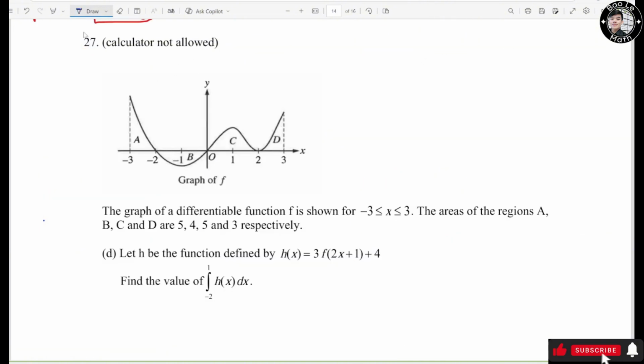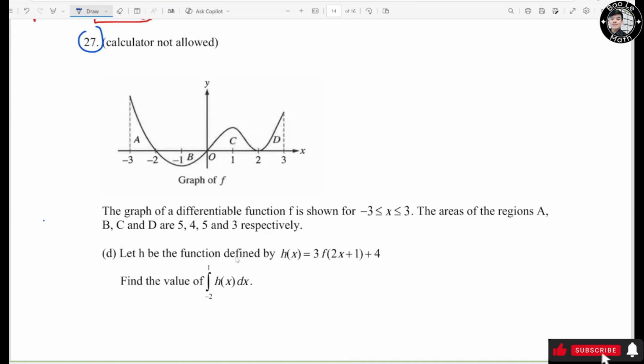Now let's move on to question 27. The graph of a differentiable function f is shown for negative 3 less than or equal to s less than or equal to 3. The areas of the regions A, B, C, D are 5, 4, 5, 3 respectively. Question D. Let h be the function defined by h of s equals this guy. Find the value of the integral from negative 2 to 1 of h of s ds.